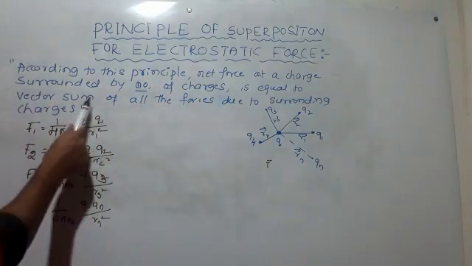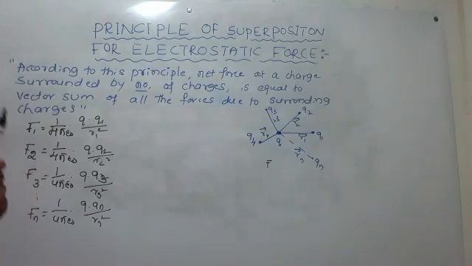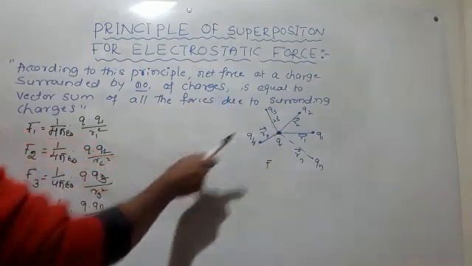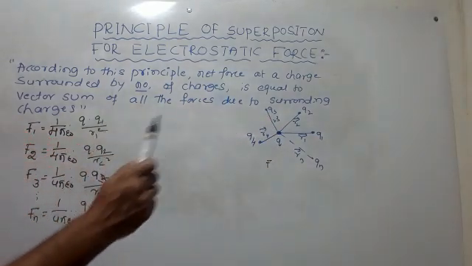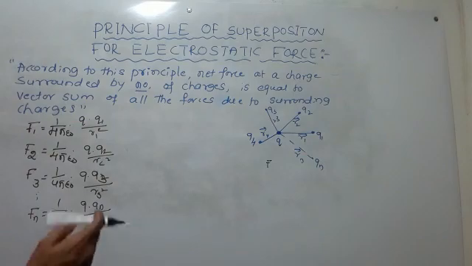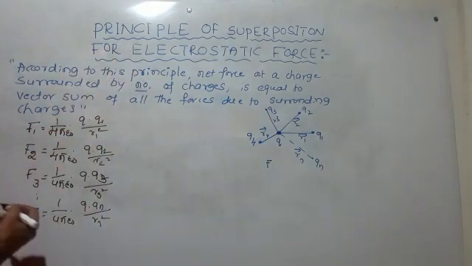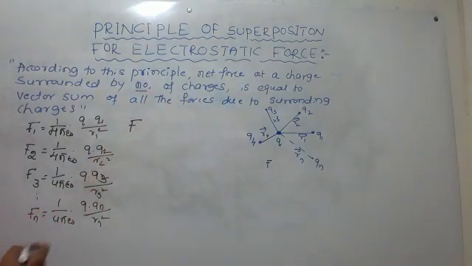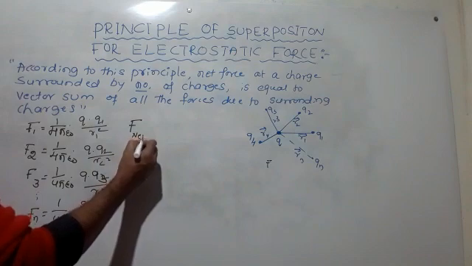Since we consider the vector sum, we have to consider their direction, in which direction they are acting, whether the force is acting from Q to Q3 or from Q3 to Q. Like that, you have to consider the direction. So according to this principle, the net force on Q will be F net.